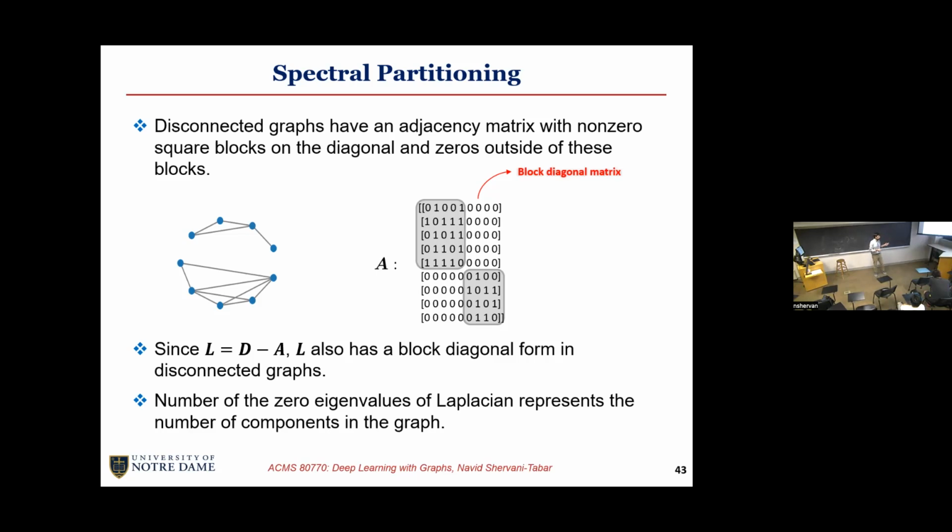For example, here 2. And the corresponding eigenvector will have 1s for this block and 0s for everything else. And for this one, the corresponding eigenvector will have 0s here and 1s at the end. And we can verify that easily. Let's say that this is the Laplacian.